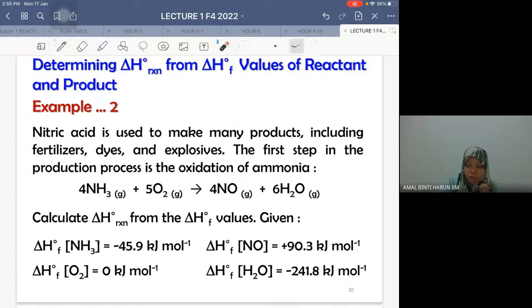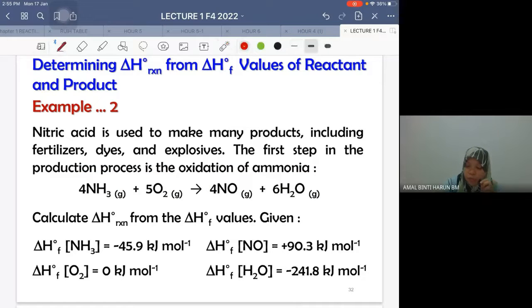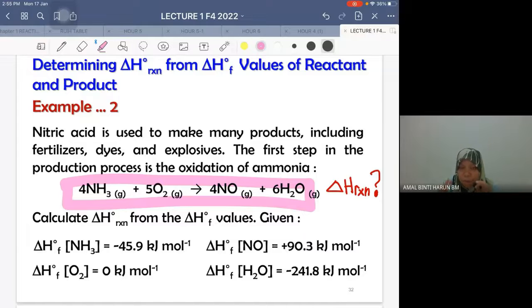For example, our reaction consists of ammonia reacting with oxygen forming NO and water. Okay, therefore we want to find the delta H of this reaction. How much enthalpy change is involved? So we must use the information given, which is the enthalpy of formation of ammonia. For 1 mole of ammonia, it is negative 45.9 kilojoule.